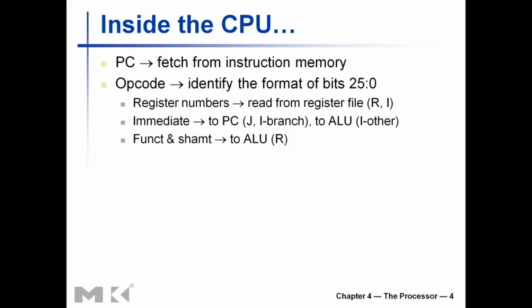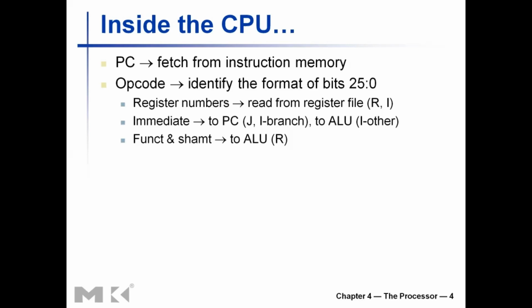Then those register numbers you can use to read the particular register from the register file. In the register file, there are 32 registers as we saw, and you can pick the correct registers out of that to read or write into by the given register numbers in the instruction's appropriate fields. So that applies to R-type instructions and I-type instructions.